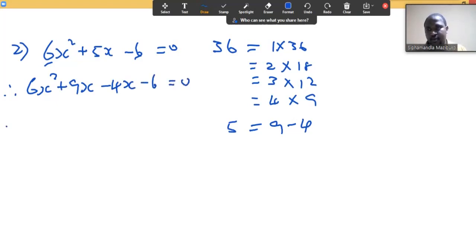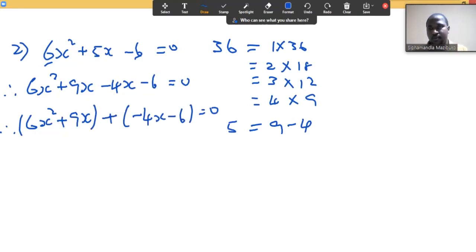Therefore we can group them. 6x squared we group with 9x, plus, and minus 4x minus 6 equal to 0.